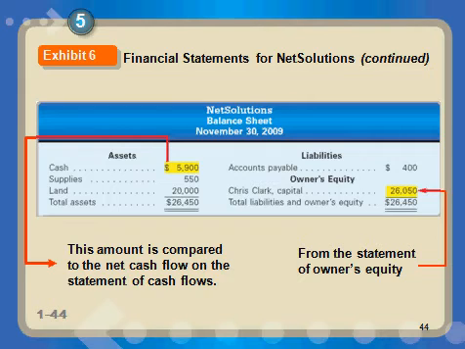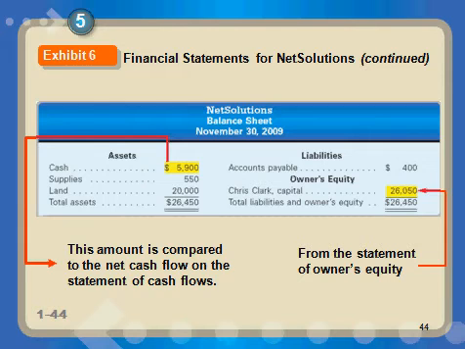Our assets are normally listed according to liquidity. What liquidity means is how fast it gets used up or turned into cash. Of course you can't get anything more liquid than cash. If Net Solutions had accounts receivable, they would be listed right under the cash, because normally accounts receivable are collected within 30 days, and some of them the same day the invoice goes out.